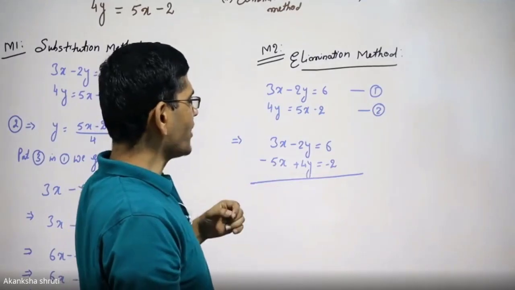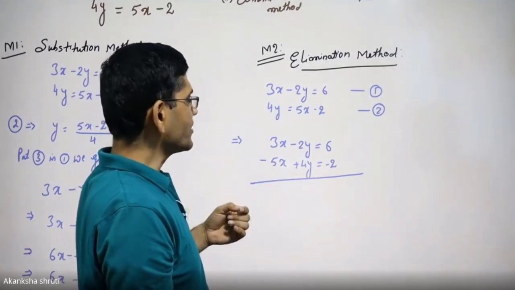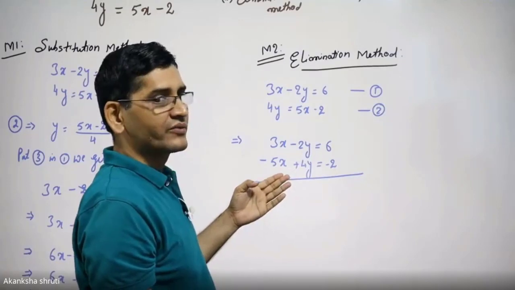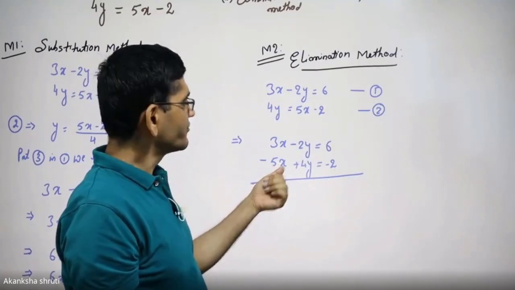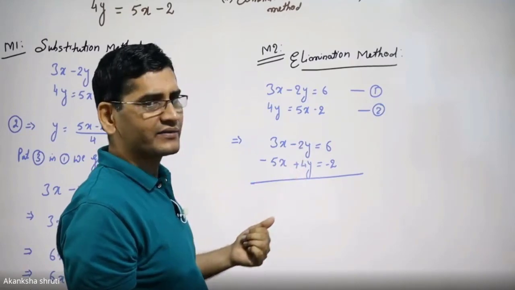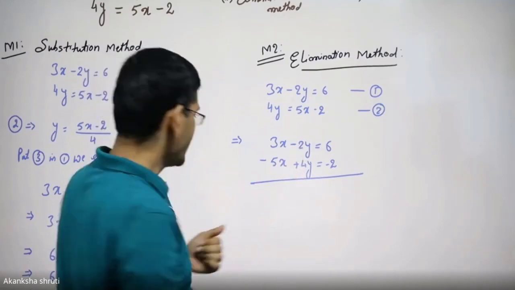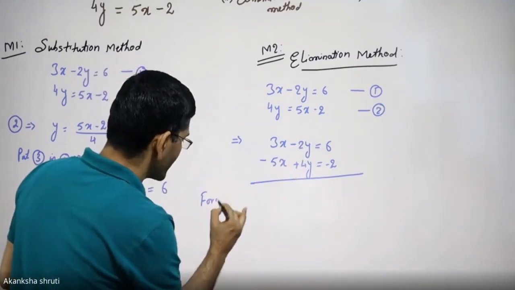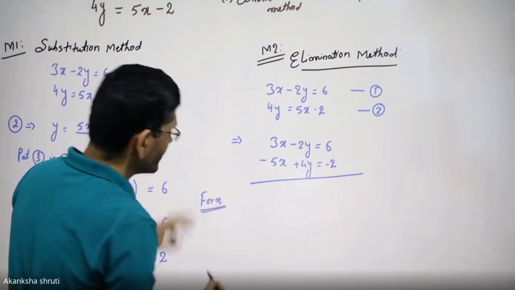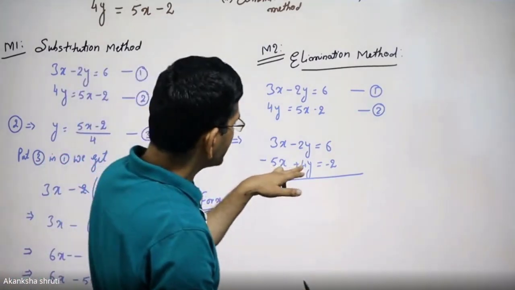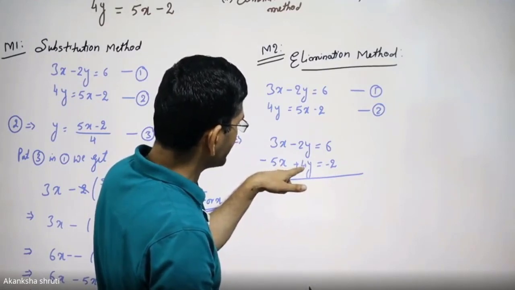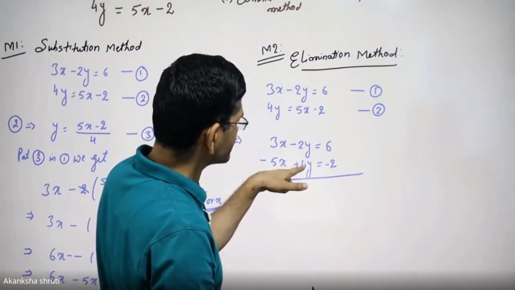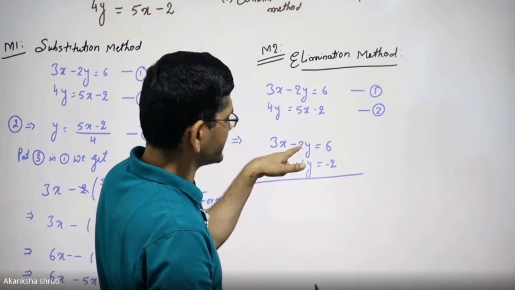Now think about eliminating one of the variables. We want to calculate the value of x. It means we have to eliminate y. So for x, we need to equate the coefficient of y. Here we observe that in equation 2 the coefficient of y is 4, but in equation 1 the coefficient is 2.